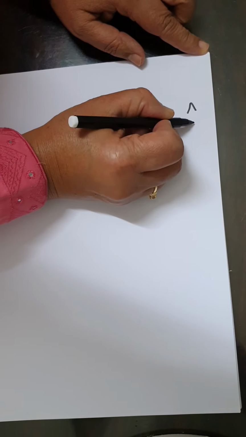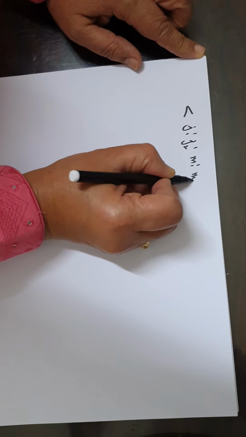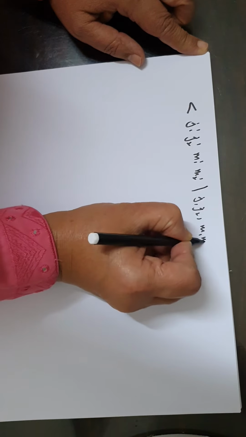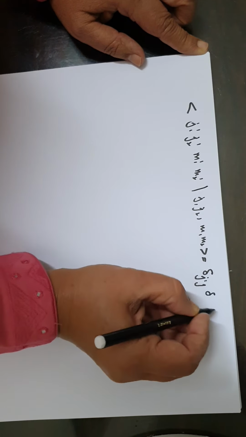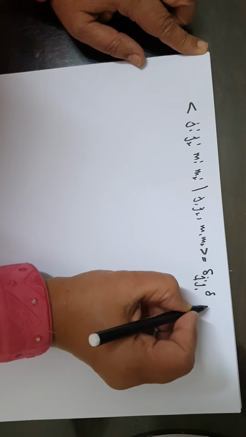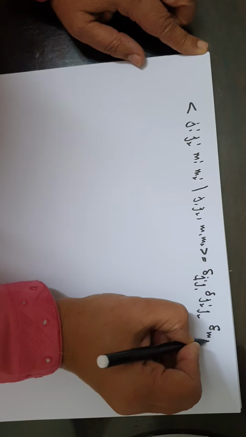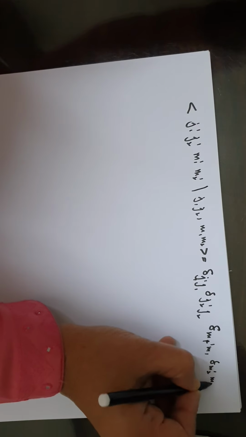This orthonormality condition says that the two kets are orthogonal as well as normalized. So we write it as <J1', J2', M1', M2'|J1, J2, M1, M2> equal to δ J1'J1 δ J2'J2 δ M1'M1 δ M2'M2.